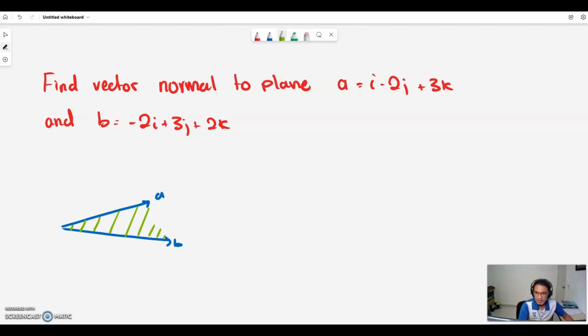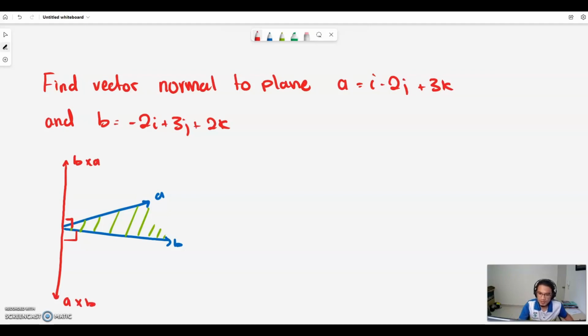The question wants a vector that is normal, so 90 degrees to the plane. Here will be the vector, or it could also be like this. The upward one will be the vector B cross A, and the downward one is the vector for A cross B.